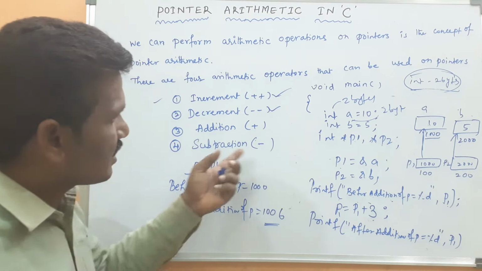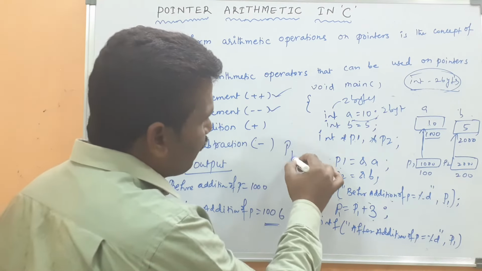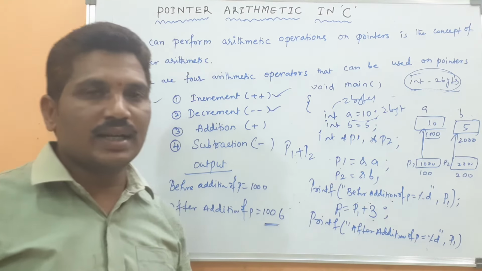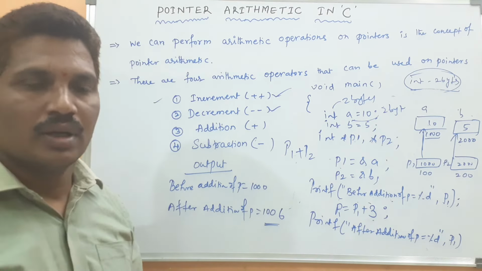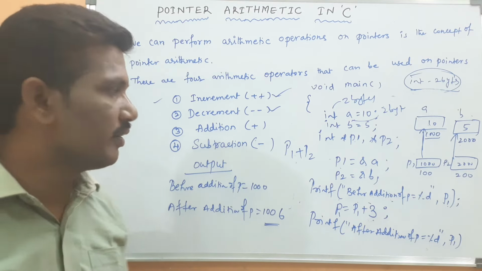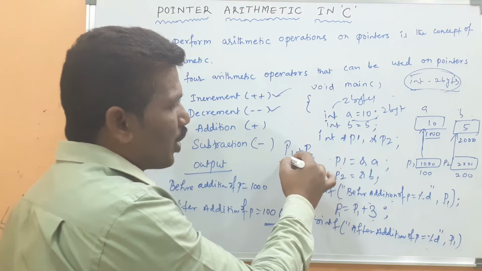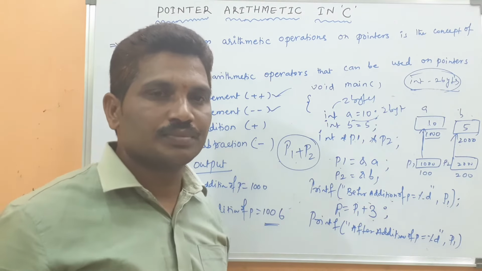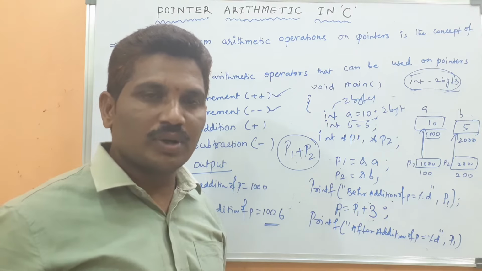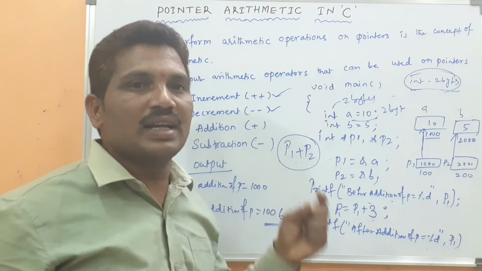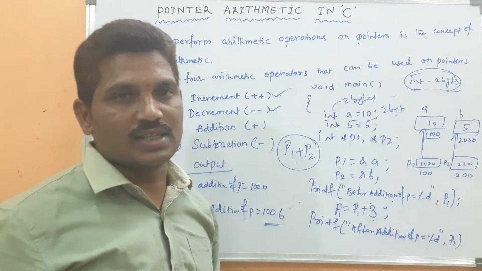Yeah. This is addition, but p1 plus p2, two pointers can't be added. It is illegal. When you add one pointer with another pointer, the compiler will display the error. Got it? Because it moves to another location, it is nowhere related to the current location.